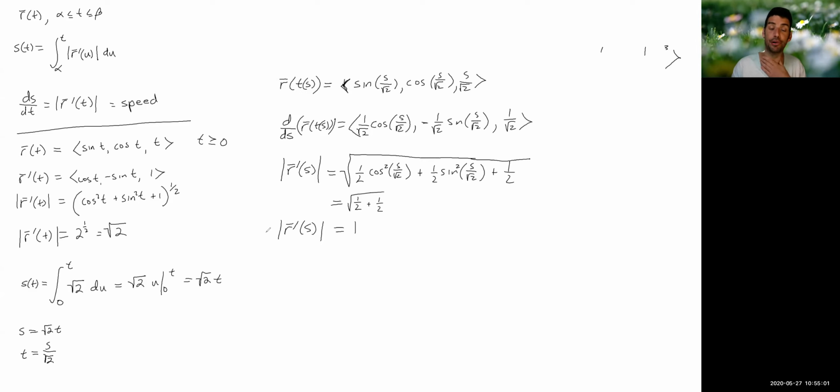Now, in practice, I set this function up to make it easy to solve t as a function of s, right? This thing we did down here is not typically easy to do, okay? It's very convenient that my arc length function turned out to be such a simple function. So we aren't typically able to do that.